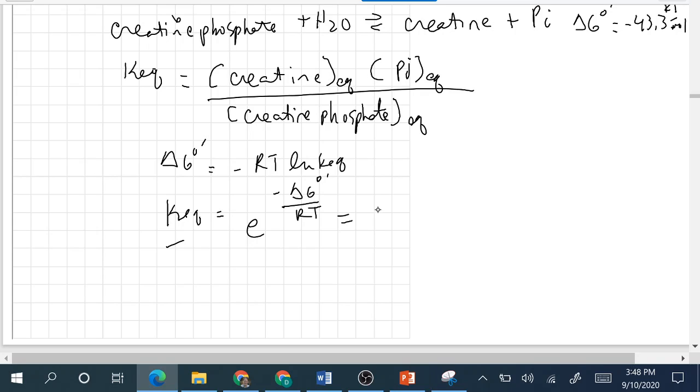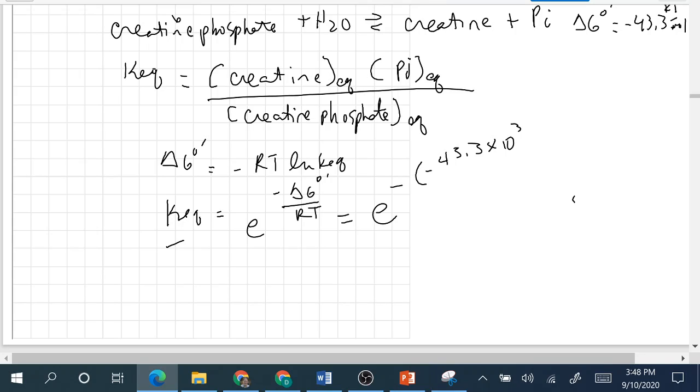In this case, that's going to be e to the negative 43.3, and we need that in joules because we're going to use the gas law constant in joules, times 10 to the third, so just multiply that times 1,000. That looks absolutely terrible.